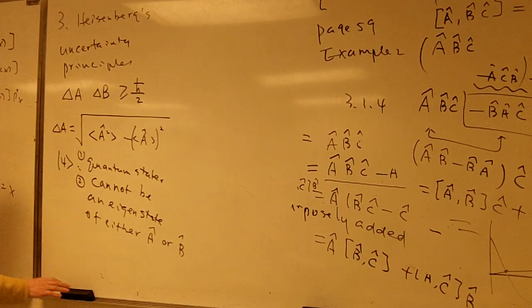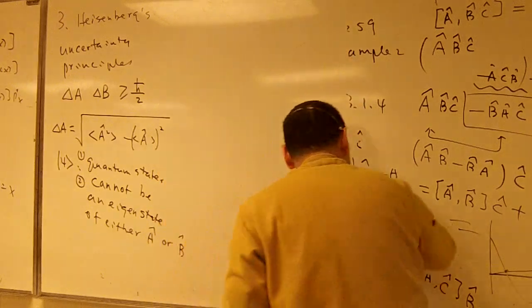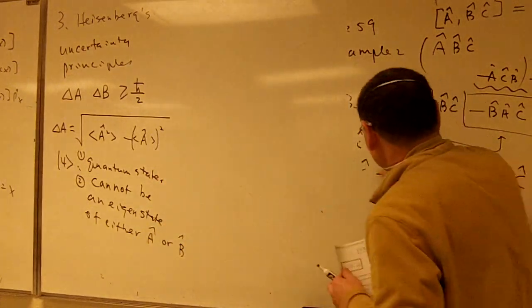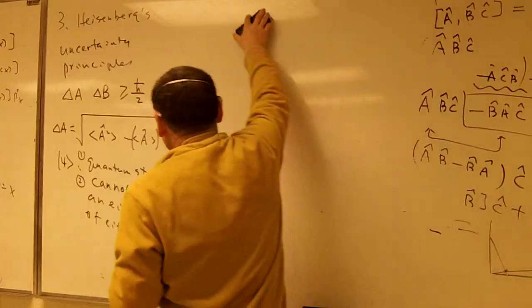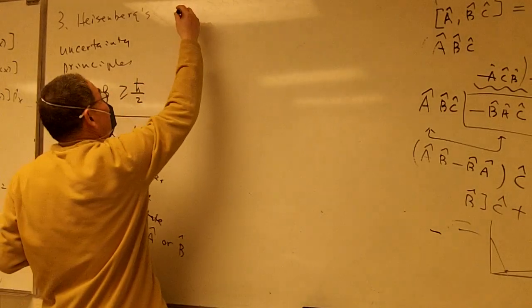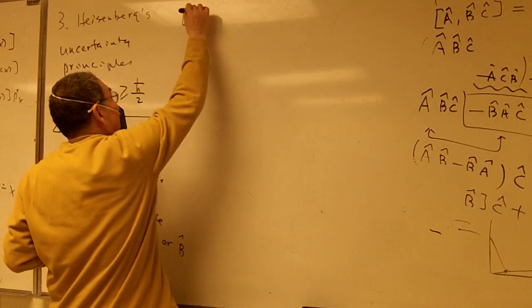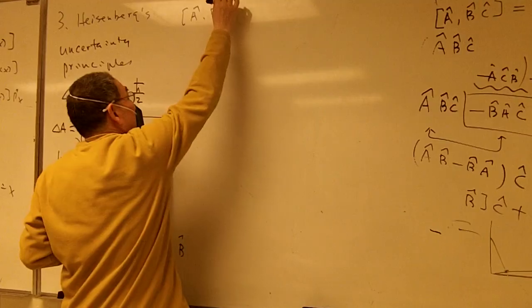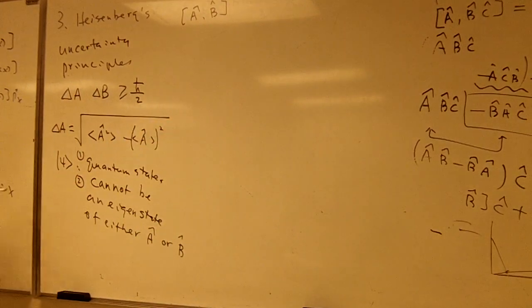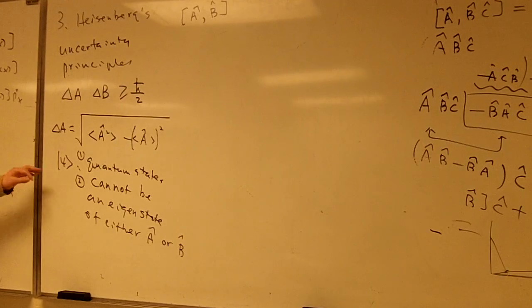So for this reason, it's going to be very restricted, and this point will be very important. I want to show you the consequence of this. The consequence essentially tells you that if the commutator of A and B equals 0, sorry, you cannot use it.